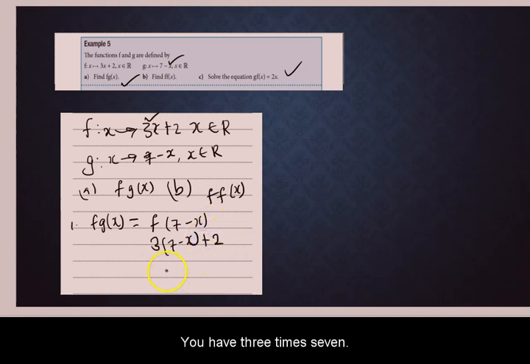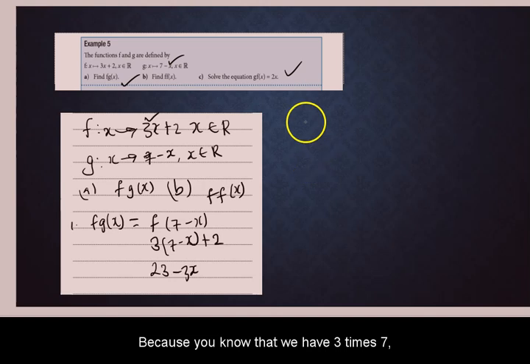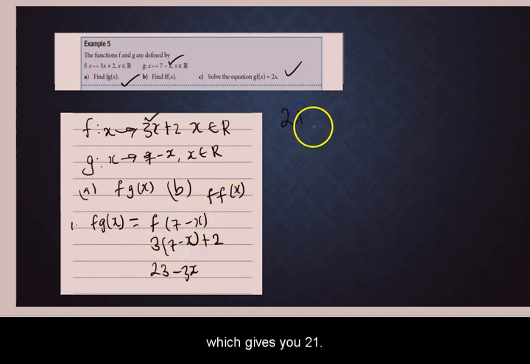Open this up, you have 3 times 7, which gives you 21.